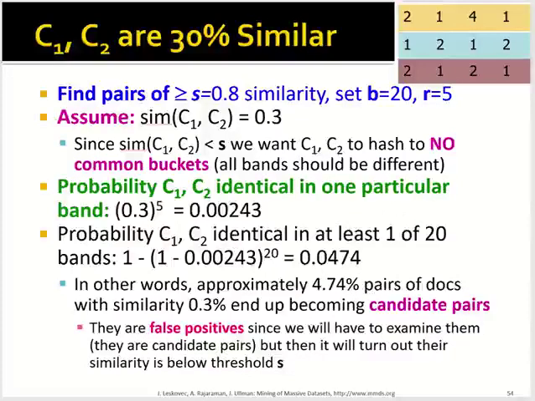So how can we treat columns or documents that are only about 30% similar? Suppose we already have the similarity threshold of 0.8. We still have 20 bands, and each band has 5 rows. So we assume the similarity is 0.3.